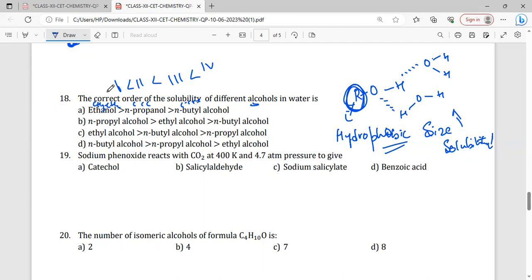So when you move from ethanol to butyl alcohol, the solubility should decrease. Ethanol will be more soluble than propanol, which will be more soluble than butyl alcohol, because the alkyl group size is bigger. Option A.